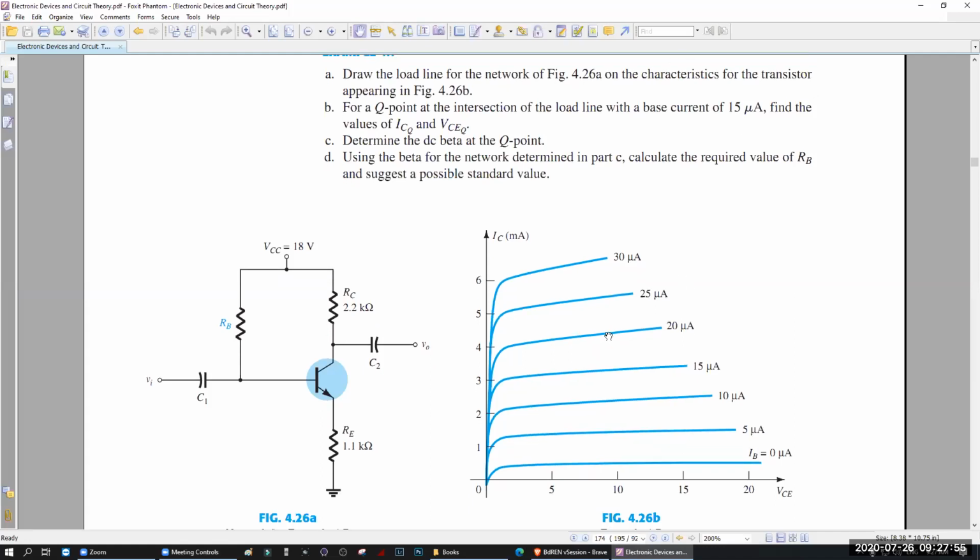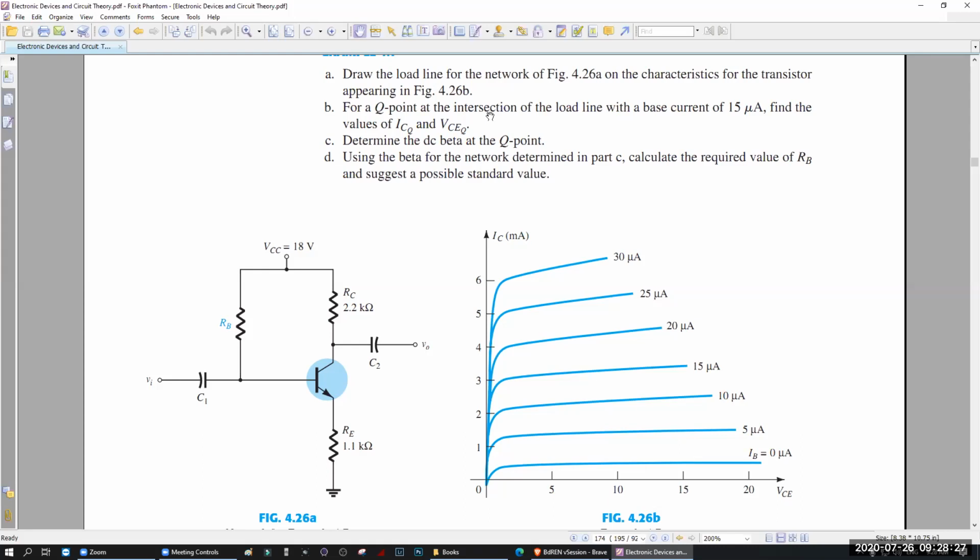That means this is also already given for the transistor appearing in the figure, for a Q point at the intersection of the load line with a base current of 15 microampere. Find the value of ICQ and VCEQ. Determine the DC beta at Q point. Using the beta for the network determined in part C, calculate the required value of RB and suggest a possible standard value. Okay. At first, they say draw the load line.